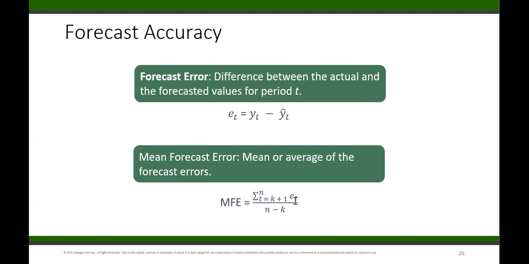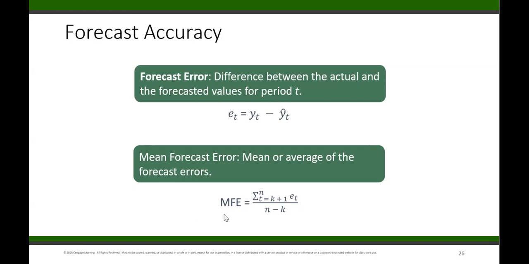The first way that you can combine them is to get the average of forecast error. Even though it's very simple, it's not a great idea. It's really not a good measure, and nobody uses it. The reason is that forecast errors can be positive and negative.